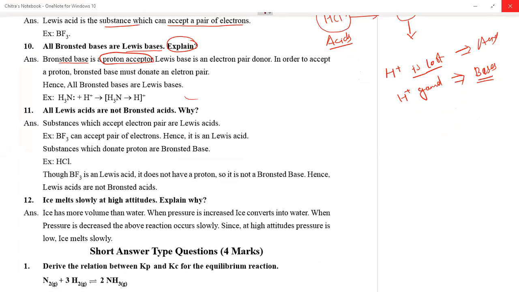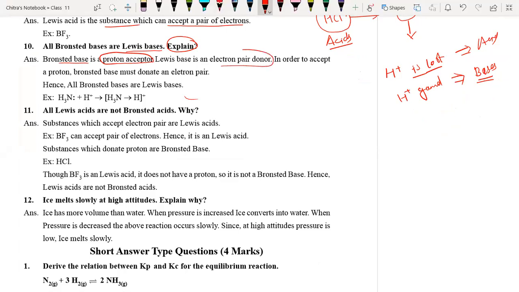So Lewis base is an electron pair donor. Very important. Lewis base means electron pair donor. In order to accept a proton, a Bronsted base must donate an electron pair. Is it or not? That's why Bronsted bases are nothing but Lewis bases. Hence, all Bronsted bases are Lewis bases.